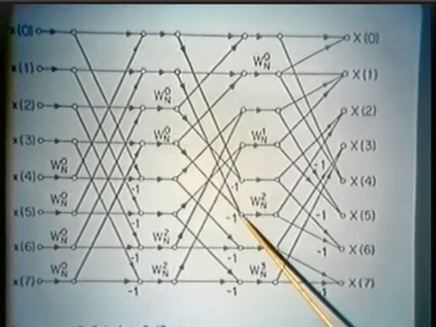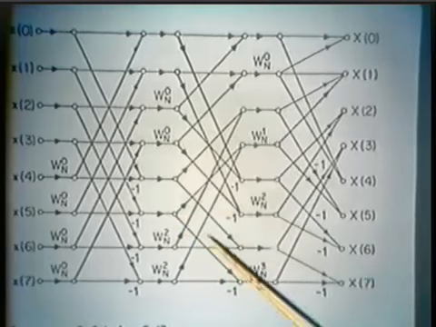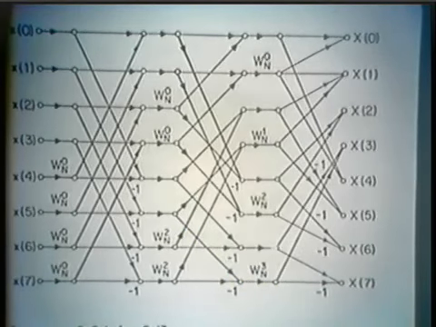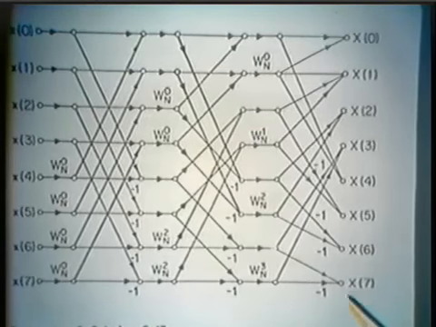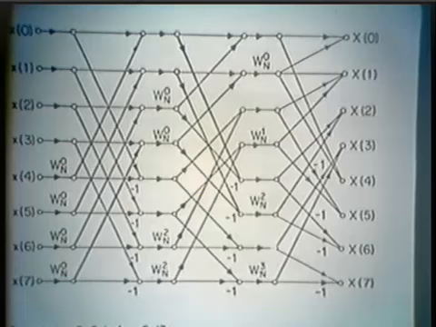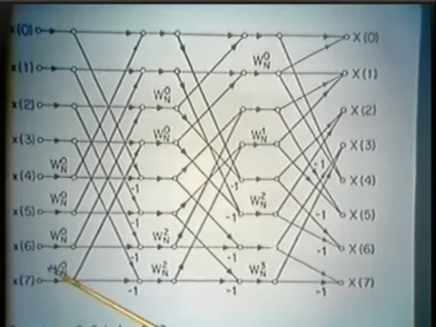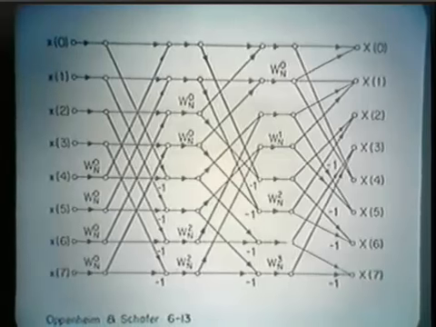So we couldn't store then this answer back in here because we're going to need this point to compute some other output points, etc. So this flow graph in this form has the disadvantage that the in-place computational aspects of the flow graph are lost, although the input is in normal order and the output is in normal order.